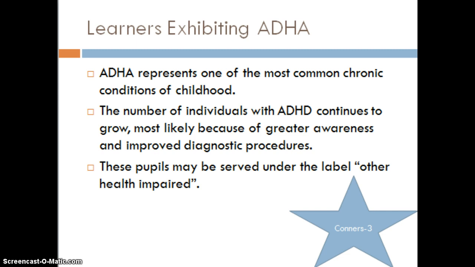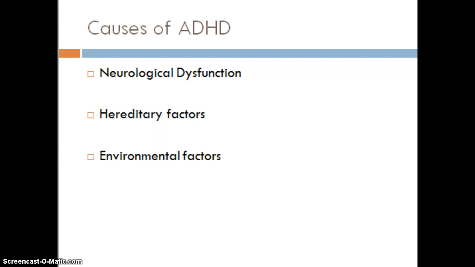The Connors 3 is pretty much the gold standard evaluation that you'll see in the schools, and it'll give you an idea about what characteristics are found to detect that ADHD could be a problem with learning. So make sure you complete that activity. I think you'll find it interesting and relevant to you as an educator.